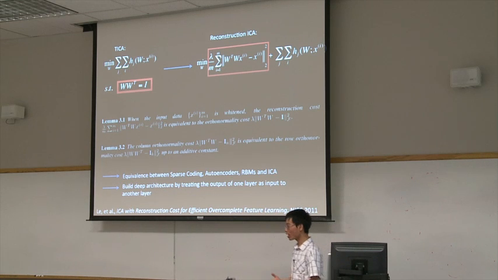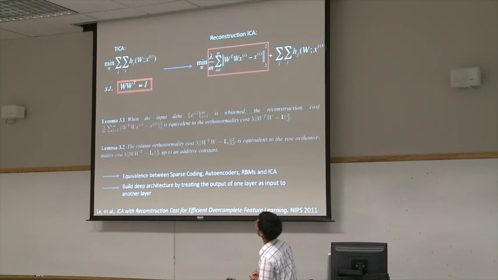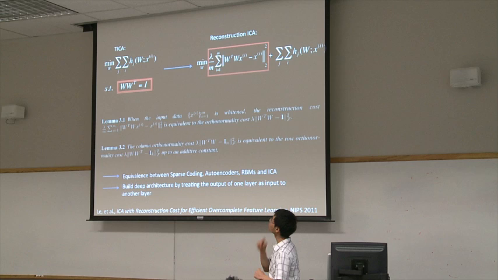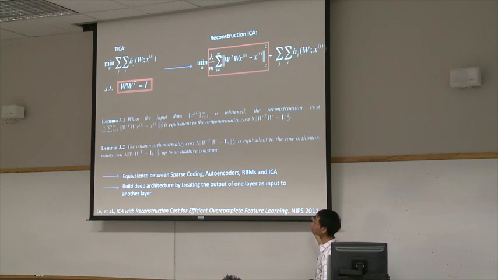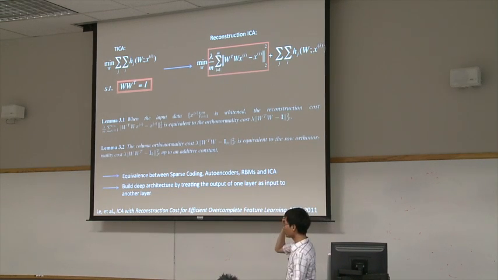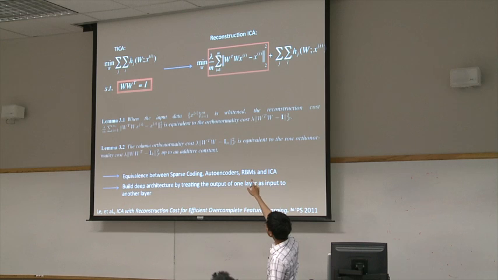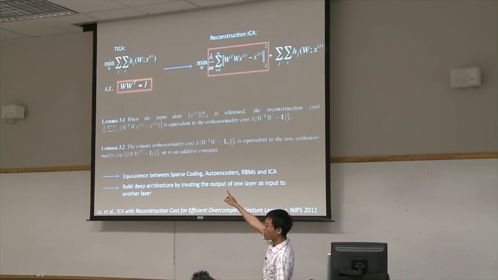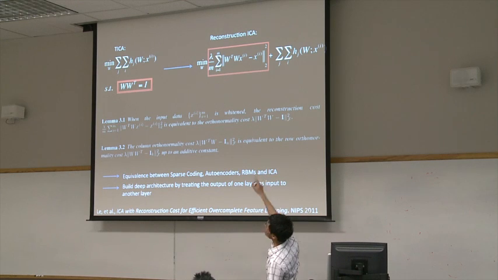So at Stanford, we tried a lot, and then we finally figured out a way to scale this algorithm. The way turns out to be quite simple and is described in this paper here, 2001. The idea is that you turn the orthogonal constraint into a reconstruction constraint.